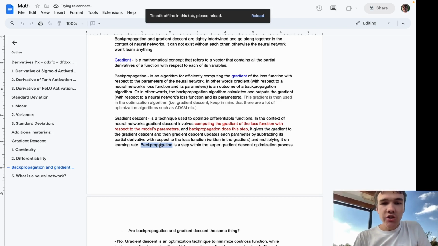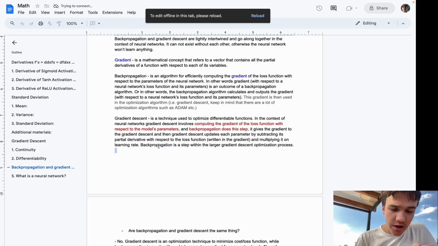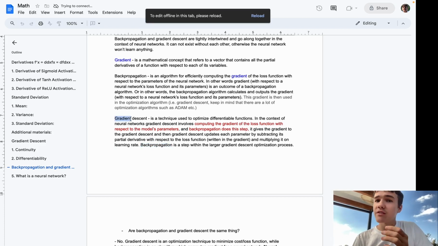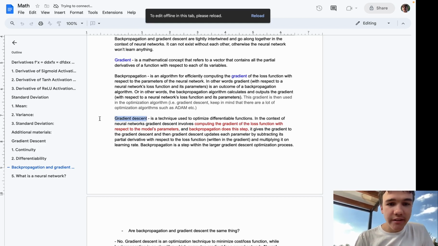Gradient descent contains backpropagation, and this is the trap I fell into. I thought that backpropagation was the concept which includes gradient descent, but that is not correct at all, because gradient descent is what contains backpropagation.